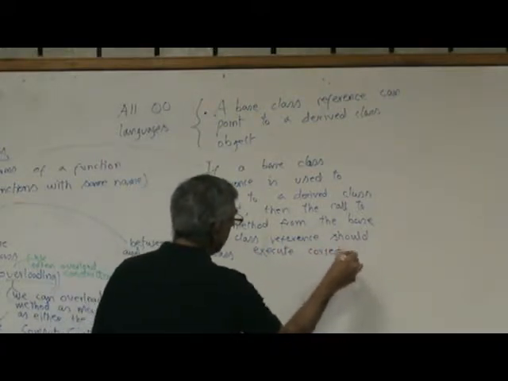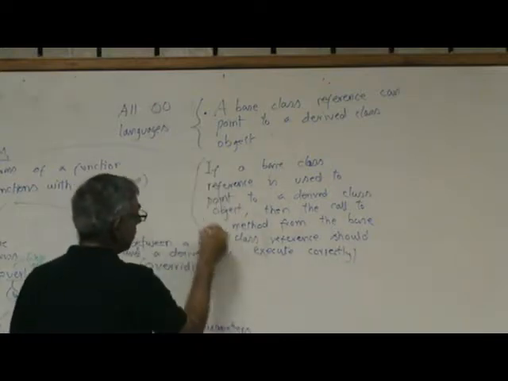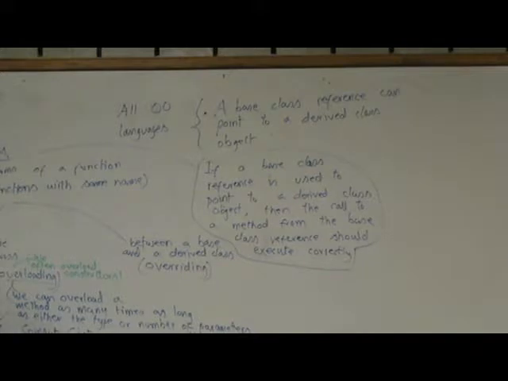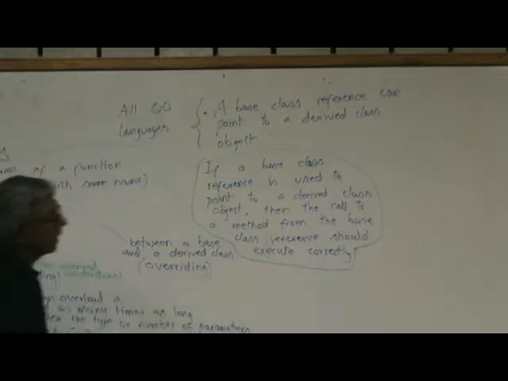So that's the goal of polymorphism. So if we are using a base class reference to point to a derived class object, then the call to a method from the base class reference should execute correctly. Okay, so what do we mean by correct execution?